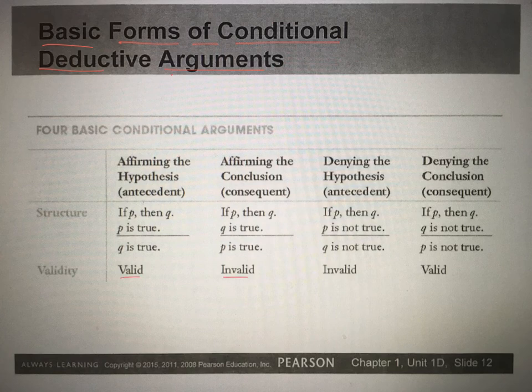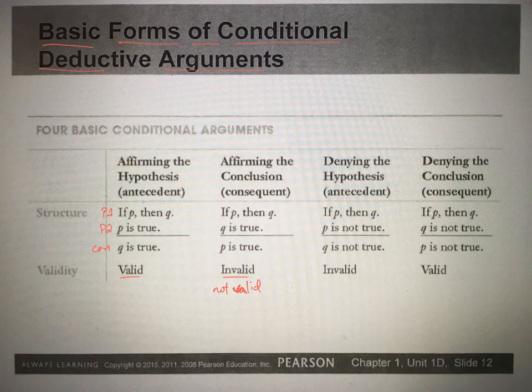I may use both. Anyway, so here we have just some different structures. Maybe we have two premises here. We have premise 1 and premise 2. And down here under this line, we have what we'll call the conclusion.